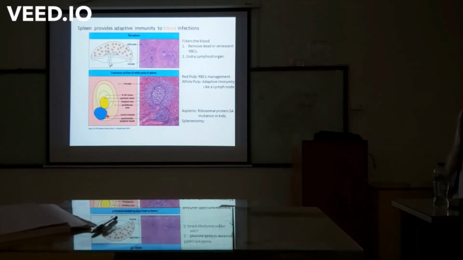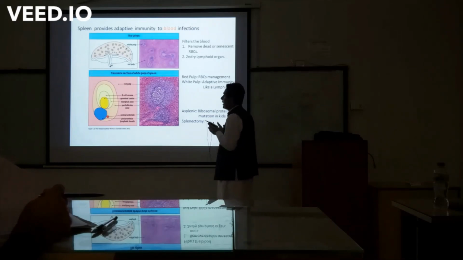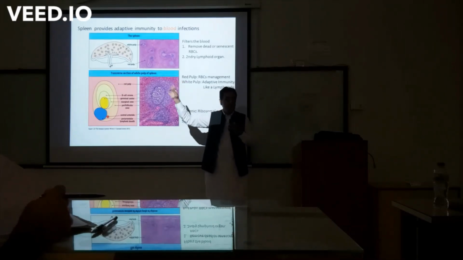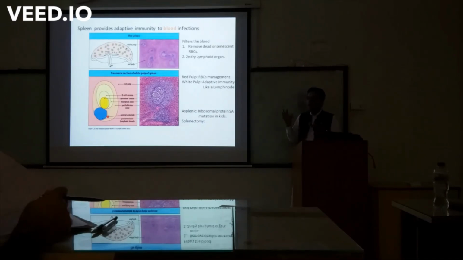So what is the white pulp doing? The white pulp is a training ground for the B cells and the T cells. And the same kind of mechanisms for making effector B cells or effector T cells that happen in the lymph nodes are going to be initiated right here.